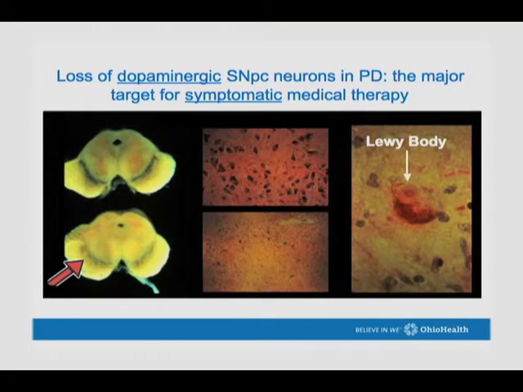And this is why. The cells, these dark pigmented cells, have very slowly, over decades, died. These are the cells that make dopamine telling the cells down the line to help with the movement.